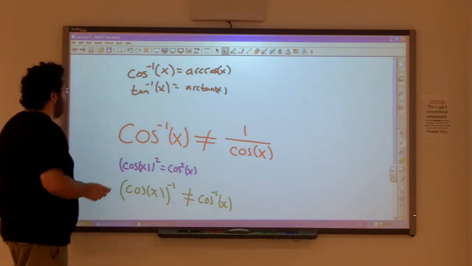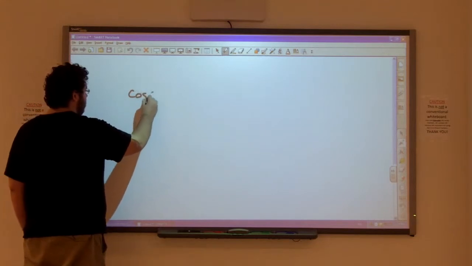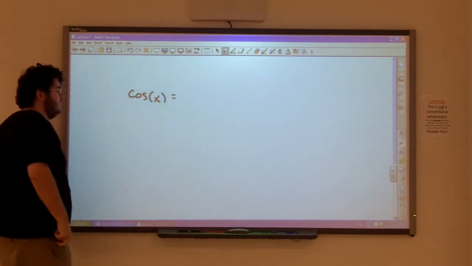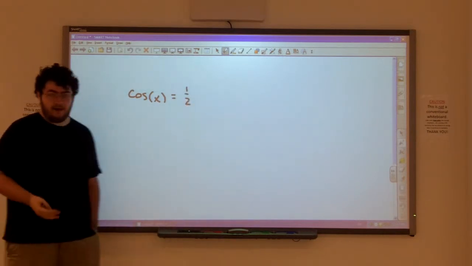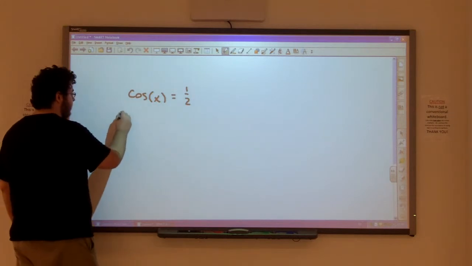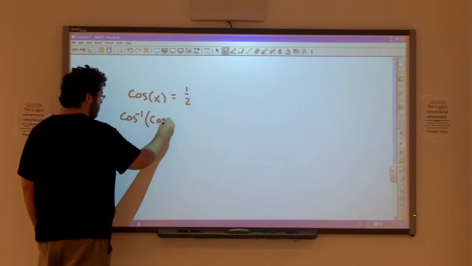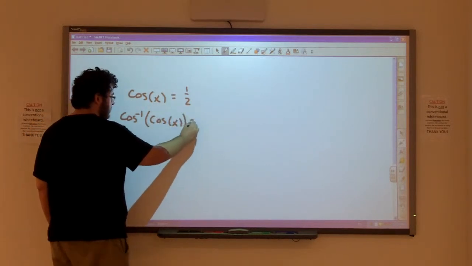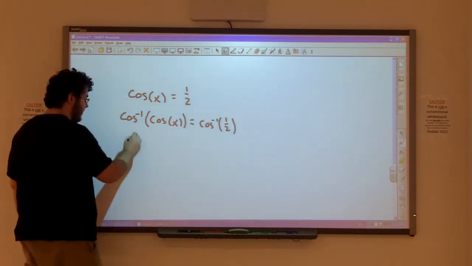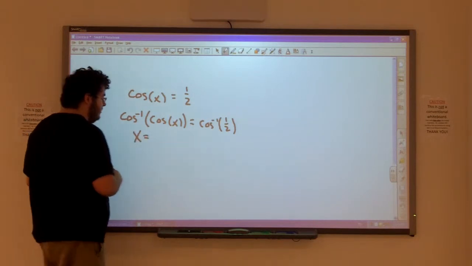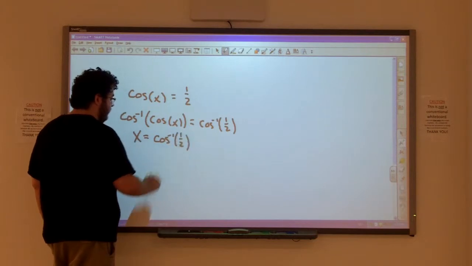Okay, well, let's do another example. So let's say that we had cosine of x equal to, let's say, 1/2. Well, we want to solve for x. So how do we do that? Well, we just simply take inverse cosine of both sides. Okay, well, we know this side is x, and the other side is going to be just cosine inverse of 1/2.